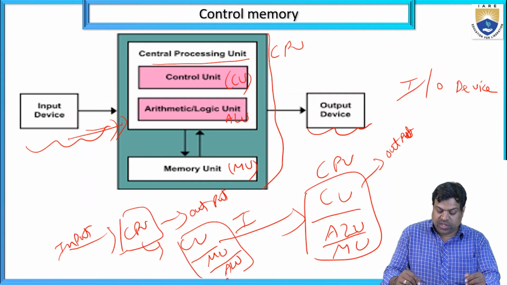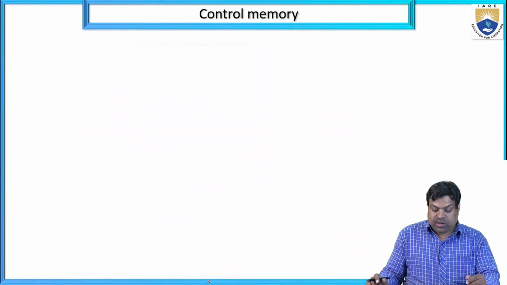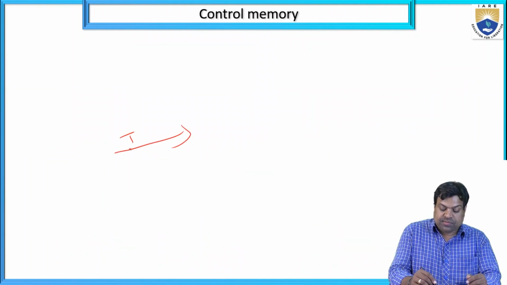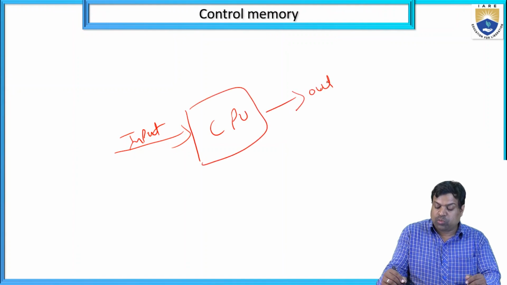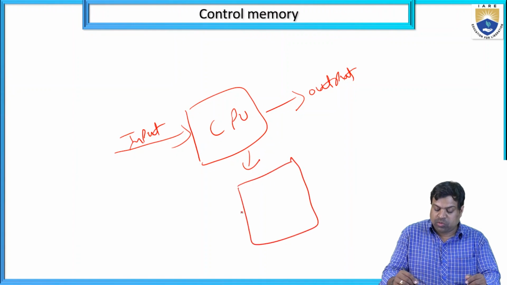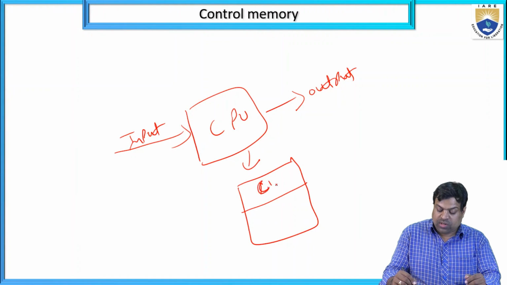So input, CPU, and then I take the output. The subunits in the CPU are the control unit, arithmetic logic unit, and memory unit.